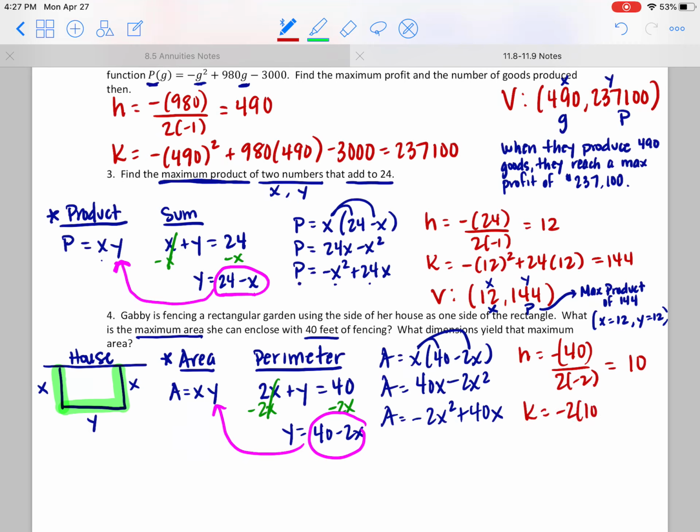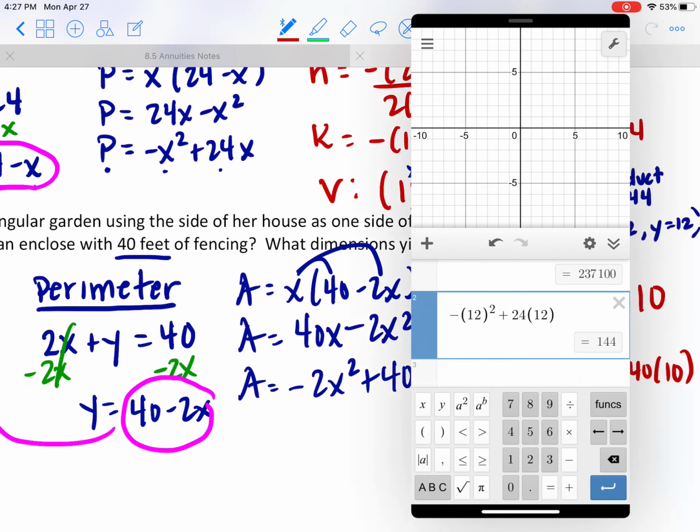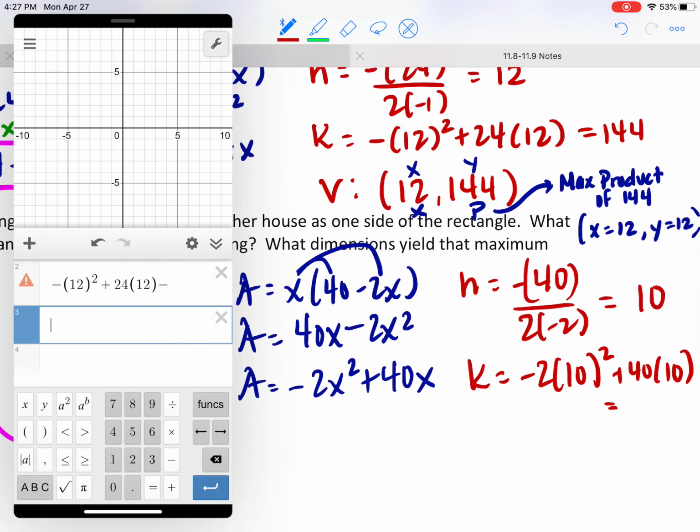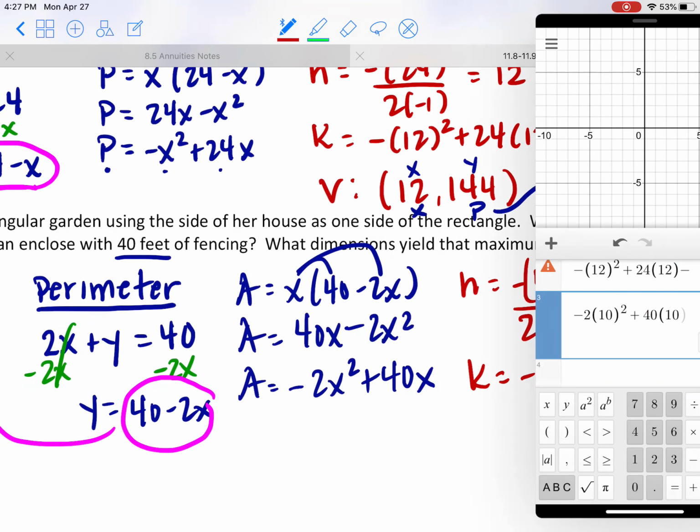Okay, so now I'm going to find the vertex. Let's see, h is going to be negative b, so negative 40 over 2 times a, that's 2 times negative 2. Negative 40 over negative 4 is positive 10. Let's plug that in. Negative 2 times 10 squared, and then 40 times 10.